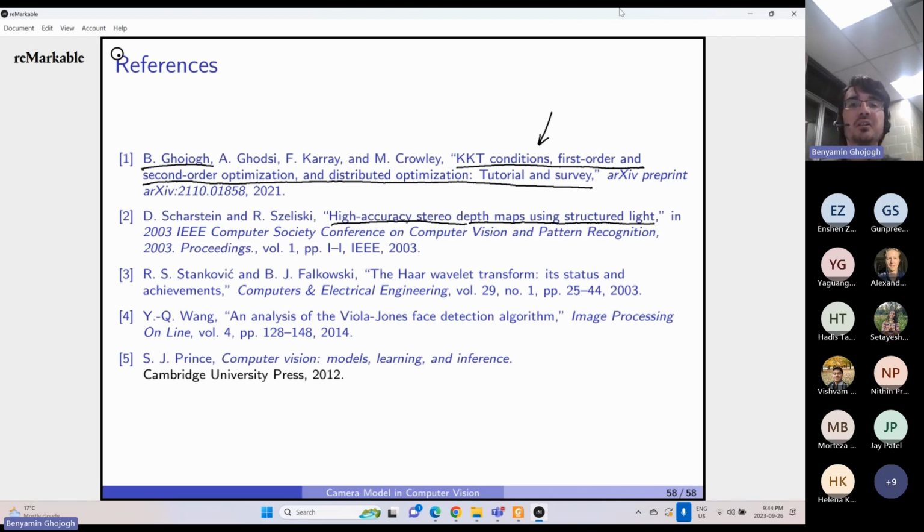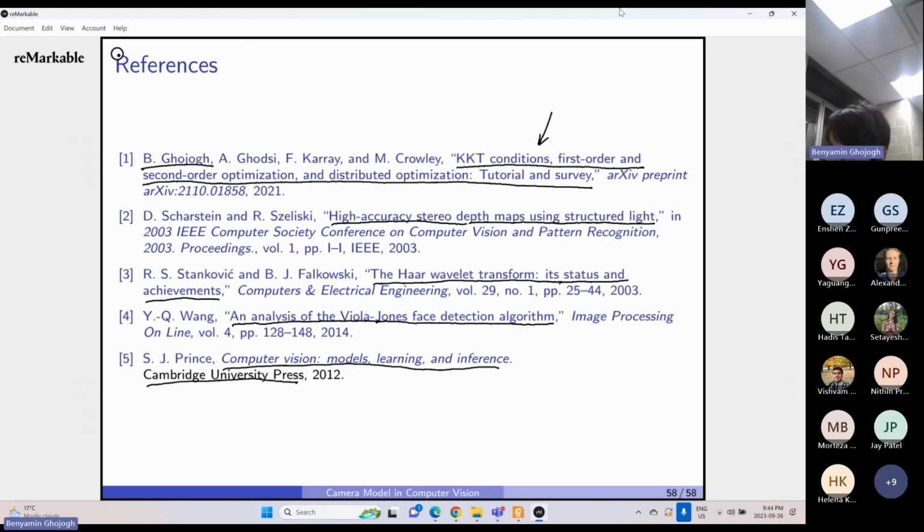This is exactly the technique that I told you they use to improve the time complexity of finding the depth of all points in the scene. The Haar wavelet transform, it's about the Haar wavelet transformation. This one is about the Viola Jones face detection, which uses Haar wavelets, remember. And this is Prince's book, published by Cambridge University Press.